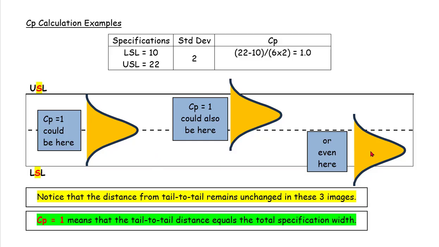Or even here, this distance is the same as this distance. So therefore, the CP equals 1. Notice that the distance from tail to tail remains unchanged in these 3 images. Remember, CP equals 1 means that the tail-to-tail distance equals the total specification width.